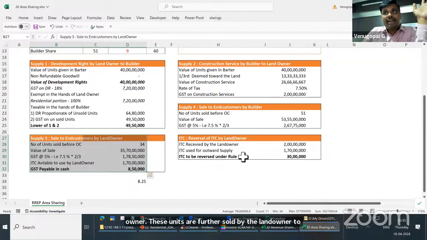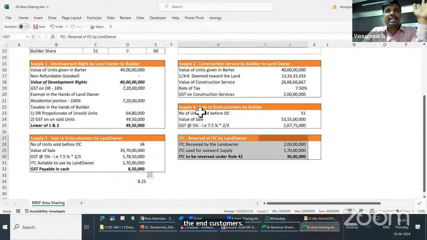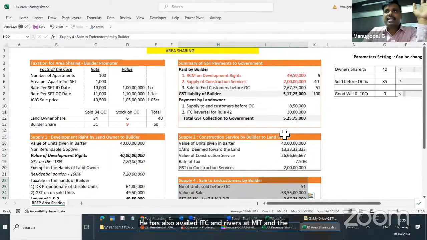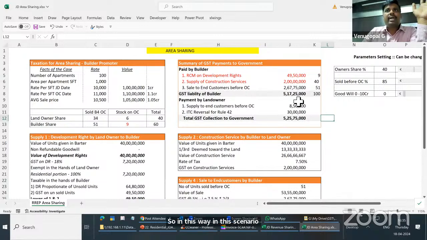He has also availed ITC and reversed some ITC. So in this scenario, by reversing ITC and paying all the cash, what the government has earned in this transaction is 5 crore 25 lakh 75,000.